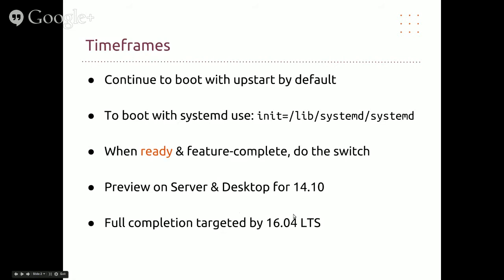We are hoping that by 14.10 it would be ready enough on the server and desktop, such that more advanced users or just normal regular users can start trying out systemd and expect it to behave properly. If we get far enough, it would be really great, we might be able to switch server and desktop fully in 14.10 to systemd, but we might not. So I'm not making any promises here.